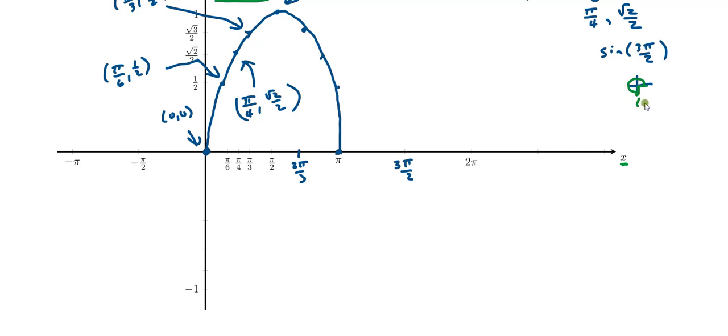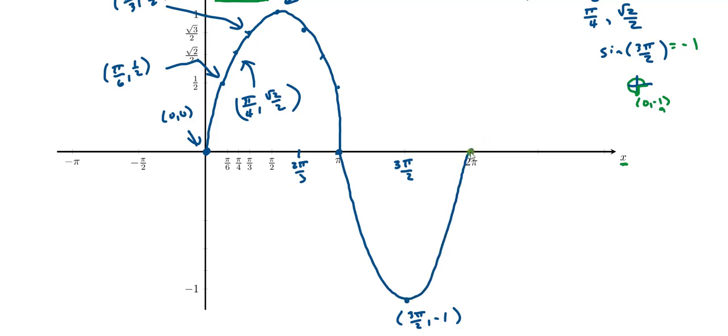Those would be the coordinates on the unit circle, 0, -1. And the sine value is that y coordinate, so that's -1. So we can go ahead and plot the ordered pair, 3 pi over 2, comma, -1. Okay. And when we get back to x is equal to 2 pi, the sine of 2 pi is 0. And I can now start to sketch the graph of this function right here.